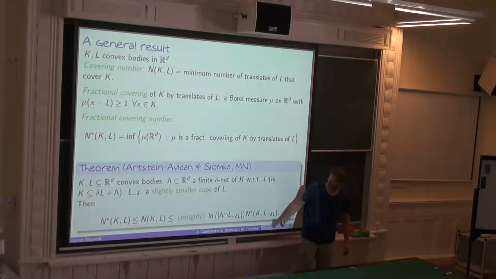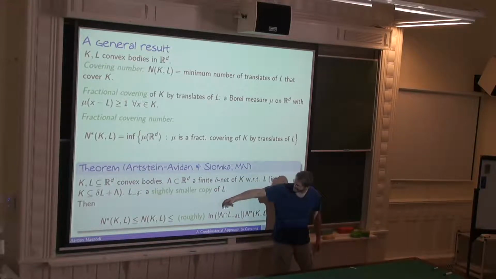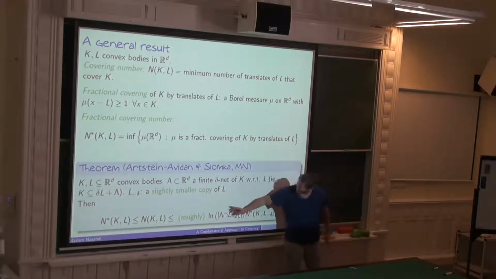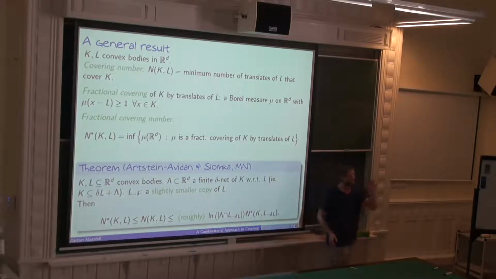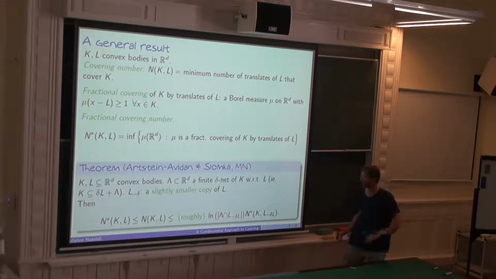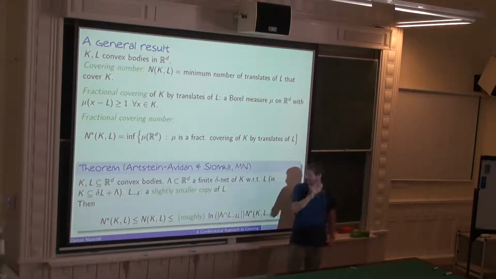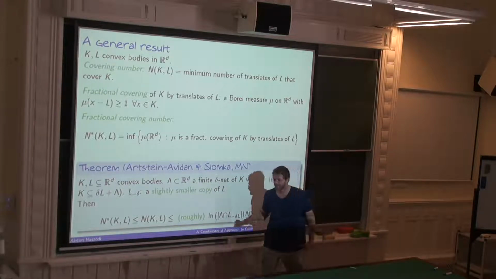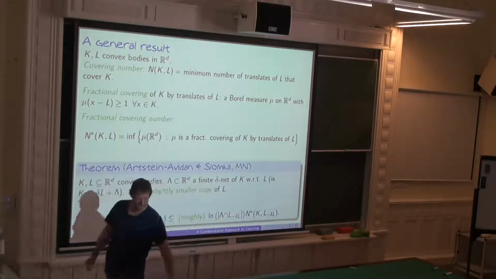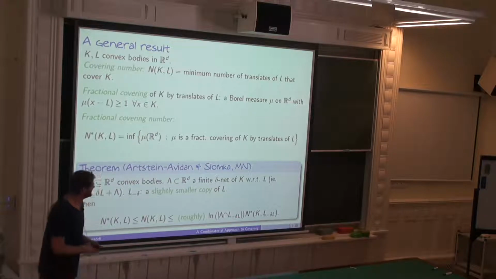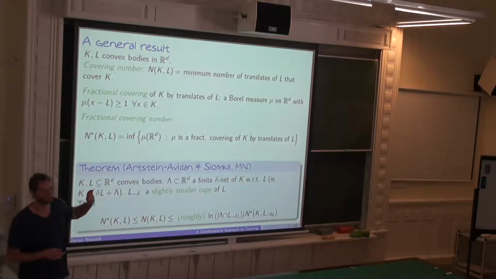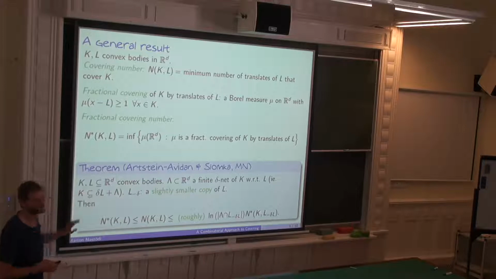And what's this error? We have our delta net lambda, and it's the size of this delta net intersected with translates of our slightly shrunk copy of L. I'm writing roughly because I don't want to be quantitatively precise here.